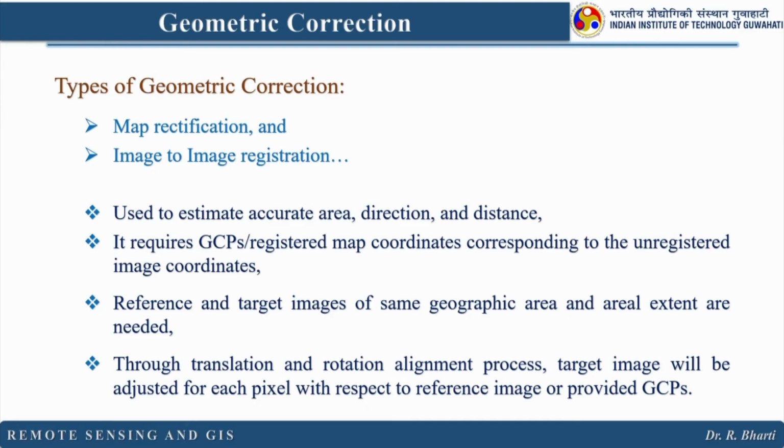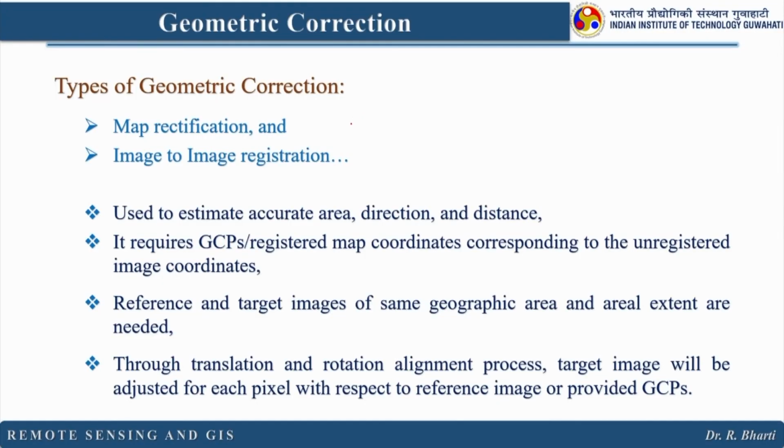Here I want to highlight that there are two types of correction. In the first case, you do not have any source map, you only have a map or satellite image you want to correct with respect to GCP. In this case only GCP can help you.